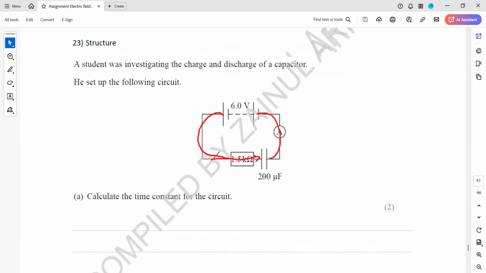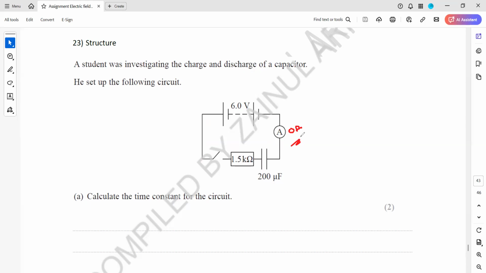But as the capacitor voltage starts to increase, say to 0.1, then 0.2, the current decreases. Eventually, the voltage of the capacitor is the same as the voltage of the supply. Then the capacitor will stop charging, and the current will be 0 ampere, meaning there is no current flow in the circuit.